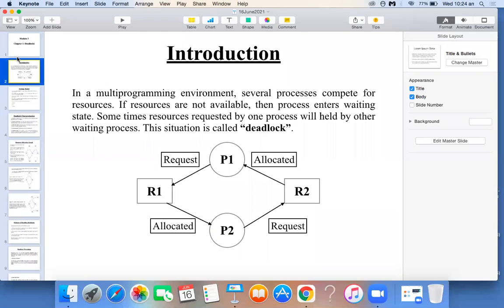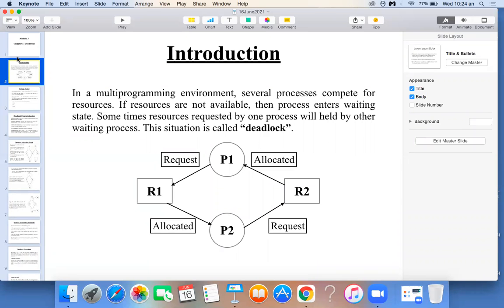Right. So we have seen what we mean by a deadlock, right? It is a situation where multiple processes want to use resources. One process is holding a resource and it is requesting an additional resource.